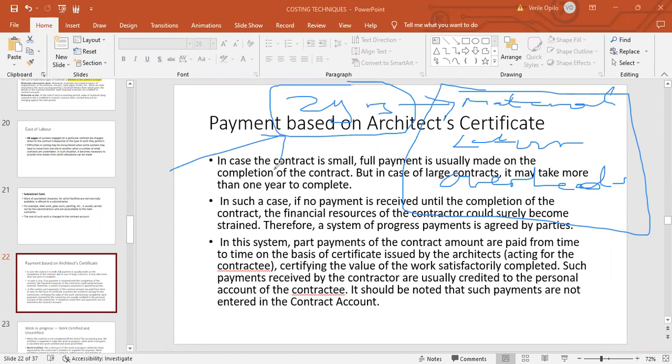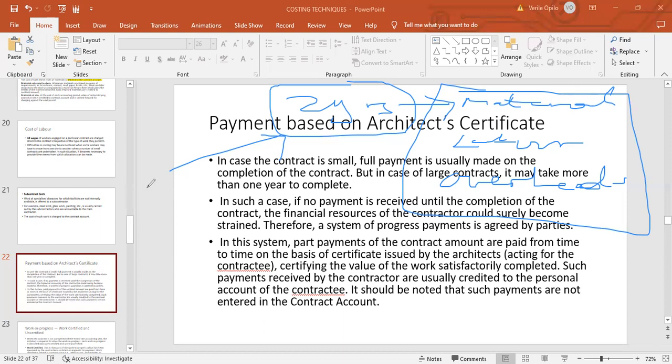So there's going to be an agreement between the client and the contractor that when you have fulfilled a certain proportion, a certain percentage of what is expected, they are going to pay you a certain amount.